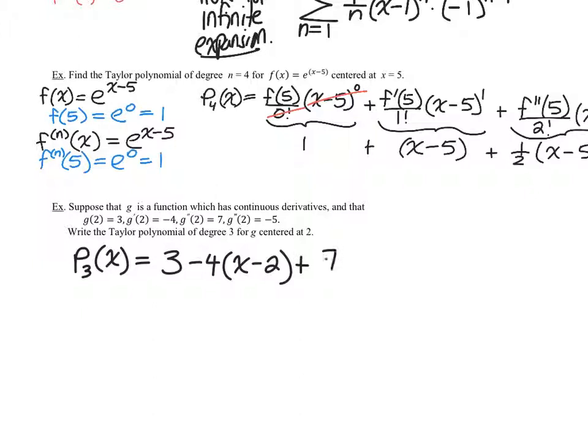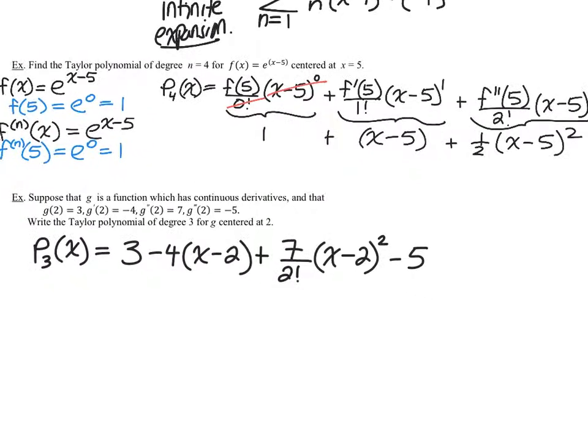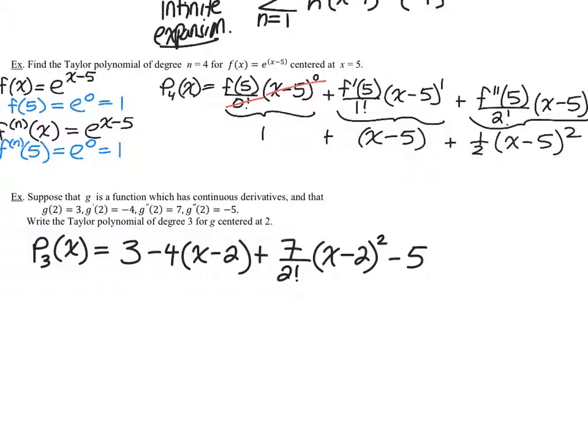Plus 7 over 2 factorial times x minus 2 squared minus 5 over 3 factorial times x minus 2 cubed.